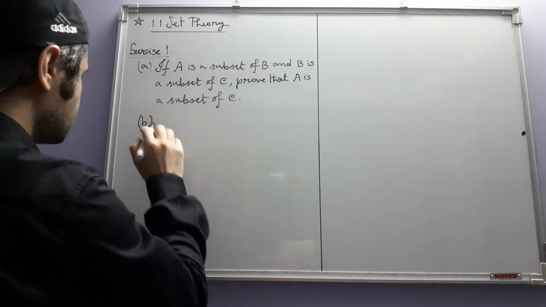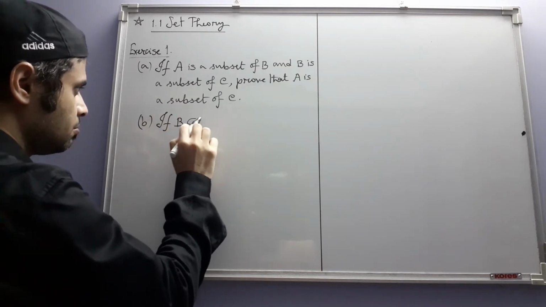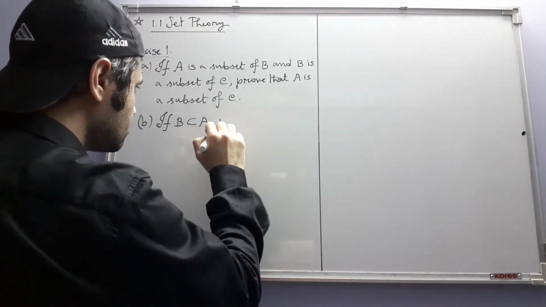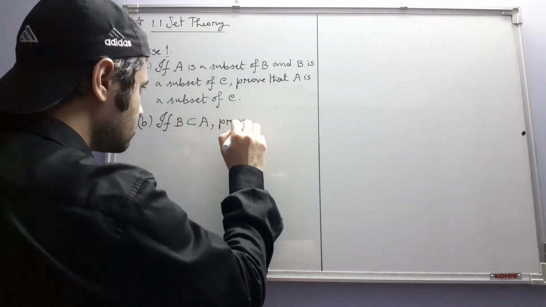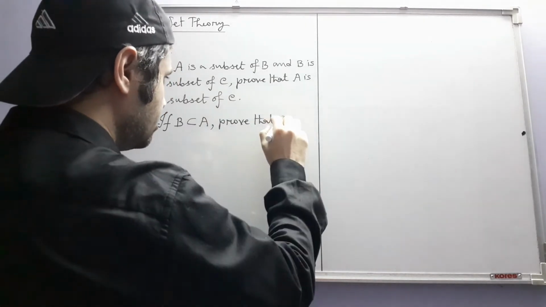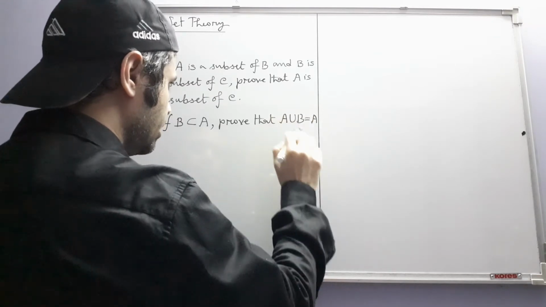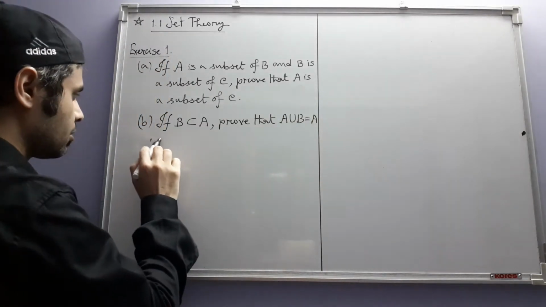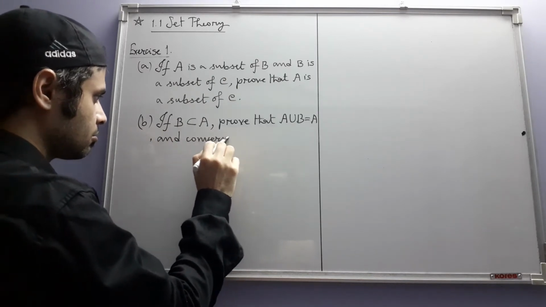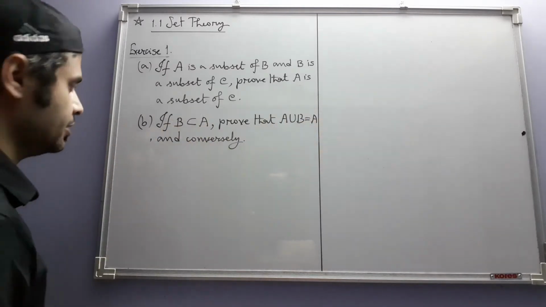Part B says: if B is a subset of A, prove that A union B equals A, and conversely. That is, if this is the case, then we also have this.